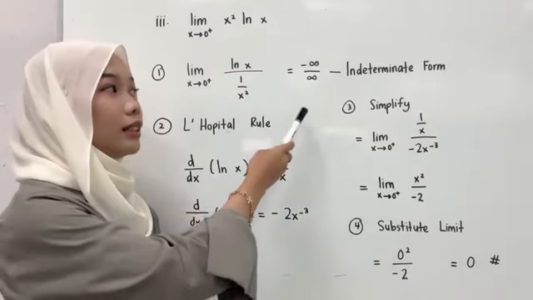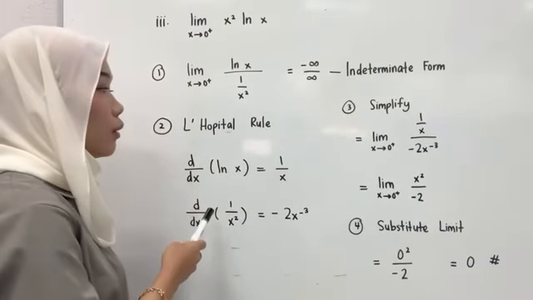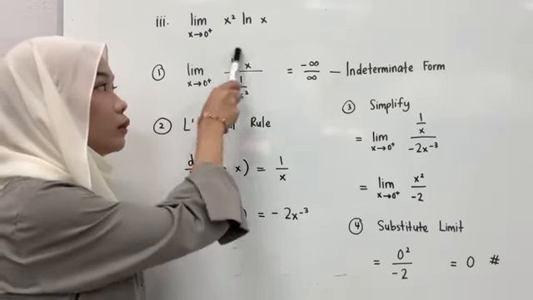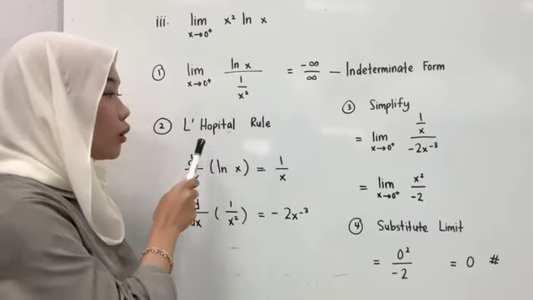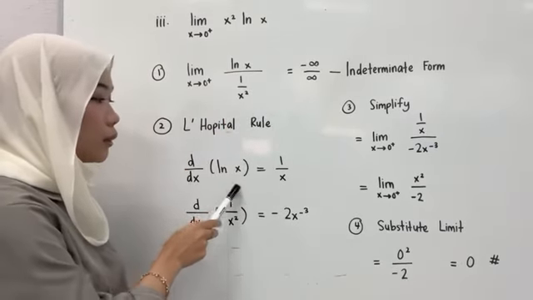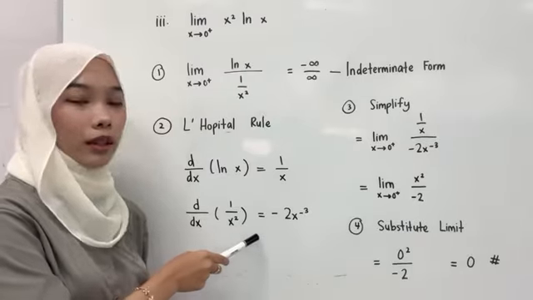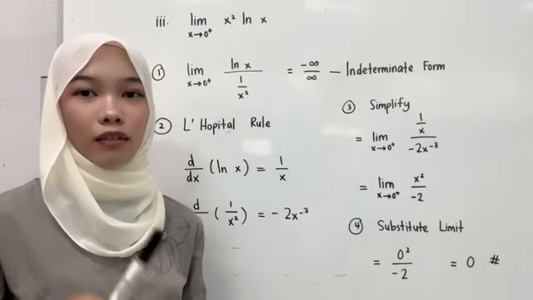So when it is an indeterminate form, we can use L'Hopital's rule. L'Hopital's rule is that we must differentiate this equation up and low. Differentiating ln x, we will get 1 over x, and differentiating 1 over x squared, we will get negative 2x to the power of negative 3.